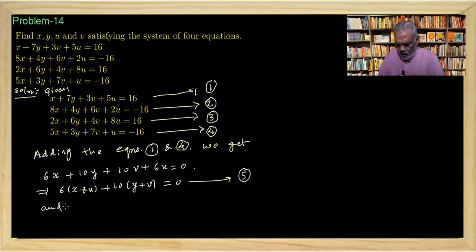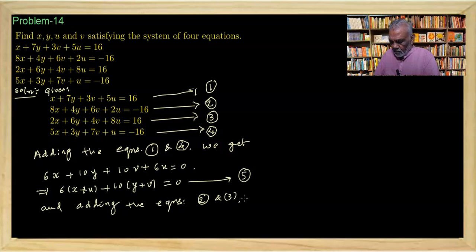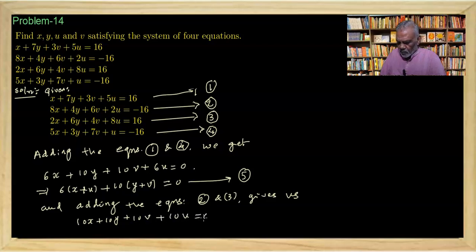And adding the equations 2 and 3 gives us 10x plus 10y plus 10v plus 10u is equal to 0.